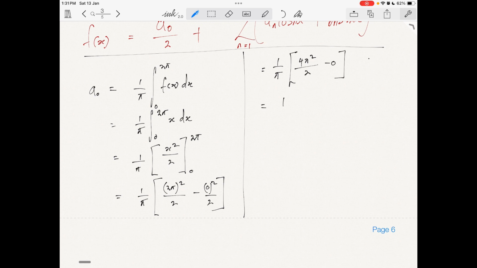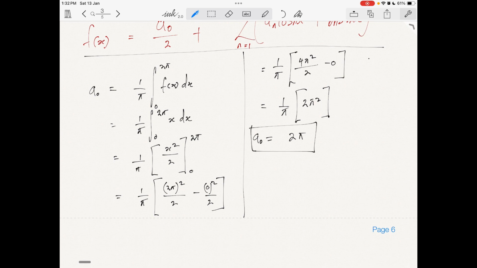So we have 1 over pi times 2 pi squared, which gives us 2 pi. So a naught is equal to 2 pi.